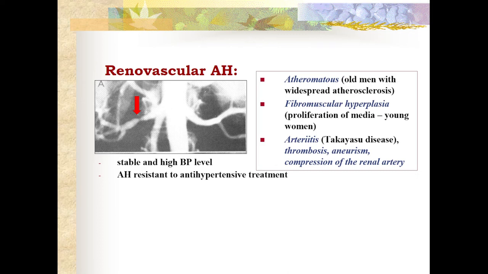In younger patients, fibromuscular hyperplasia, and in younger patients maybe systemic vasculitis, arteritis, Takayasu disease, and tumor can cause compression of renal artery, and the same can cause stable and high blood pressure level and arterial hypertension resistant to antihypertensive treatment.